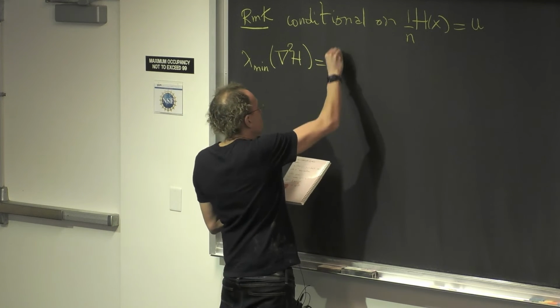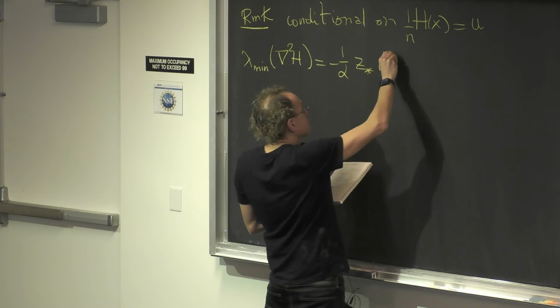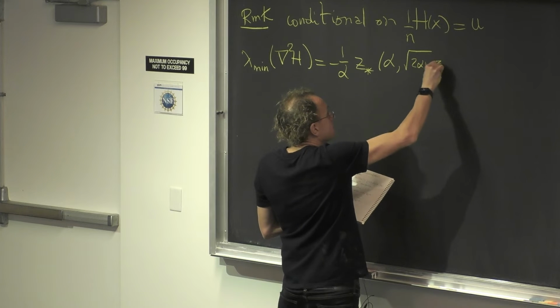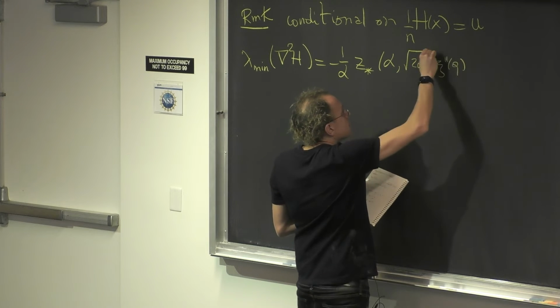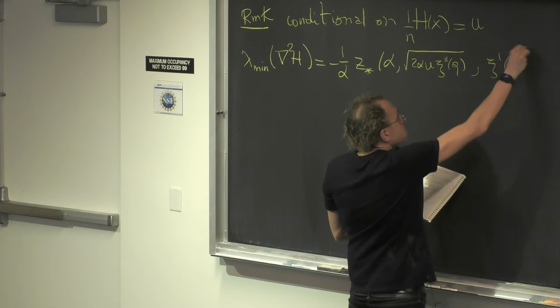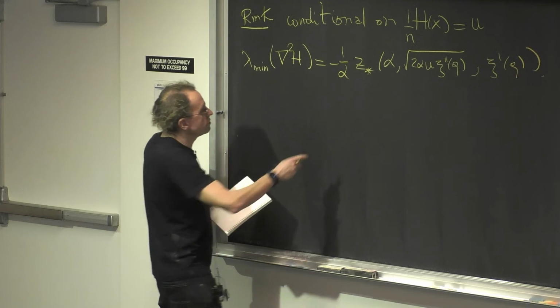So this is minus 1 over alpha Z star of whatever, right? Alpha square root of 2 alpha U psi second of Q and psi prime of Q. Okay, so this gives you plus little o of 1.